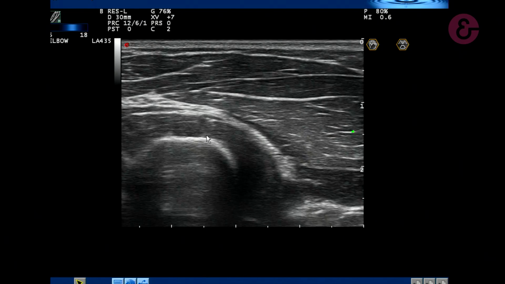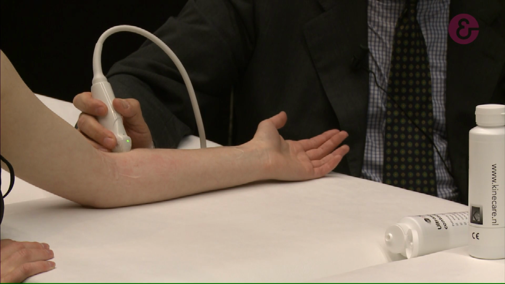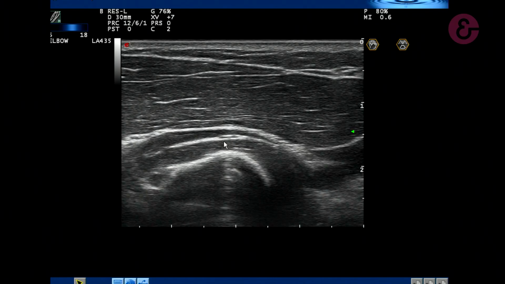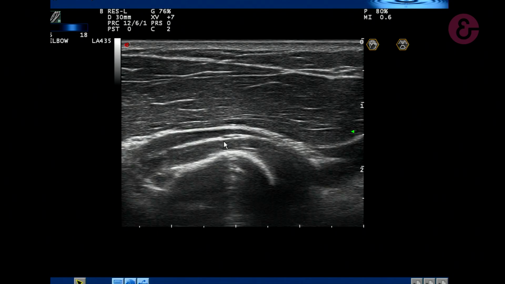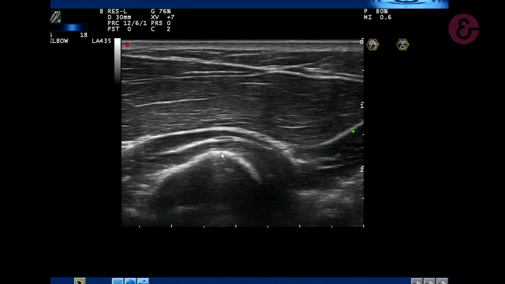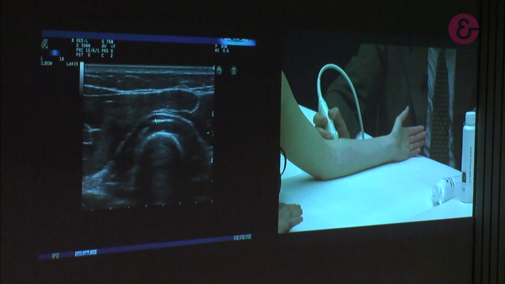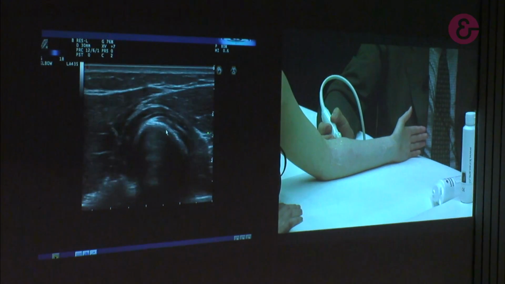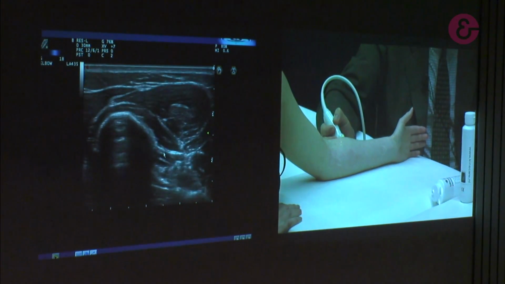And if I move a little bit more, you can see now the nerve which is in between the two muscles. And this flat appearance of the nerve is normal. It is in between the two muscles, so the size and is a flat appearance. And then I move a little bit more distally. I can follow the nerve, which is here, till here.